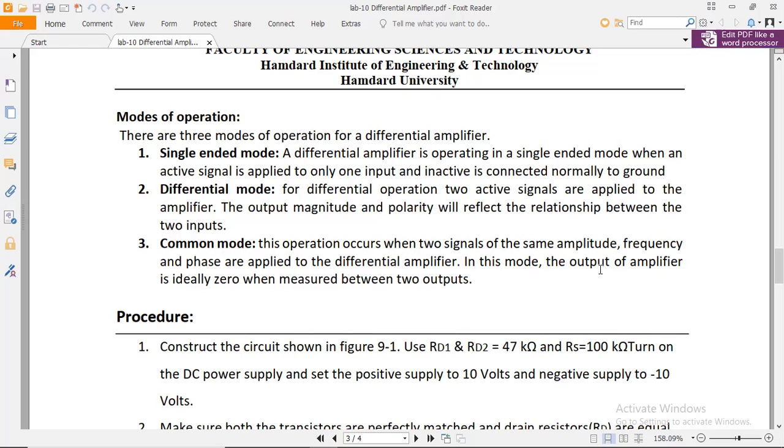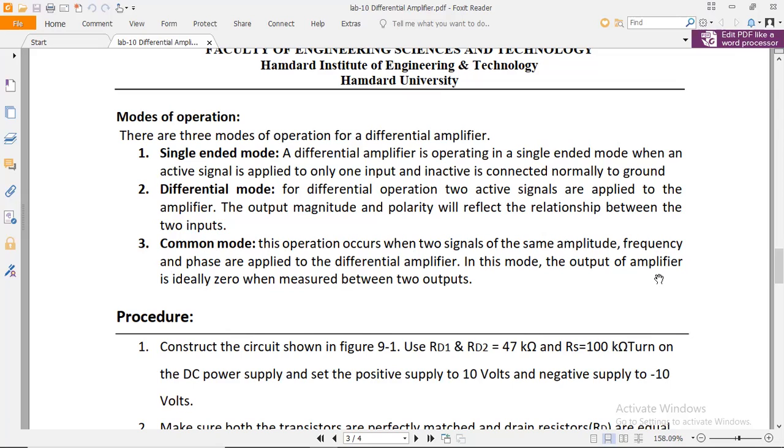In this mode, the output of the amplifier is ideally zero, because the two supplies provided to the differential amplifier have the same amplitude, meaning the same voltage, the same frequency if we apply an AC signal, and the same phase. That means all the parameters are the same, so there is no difference. So this mode of the differential amplifier is called common mode.